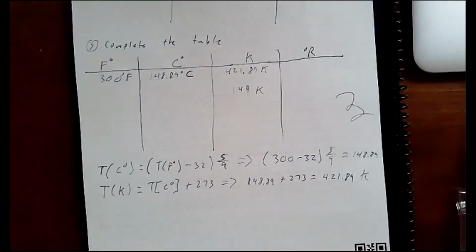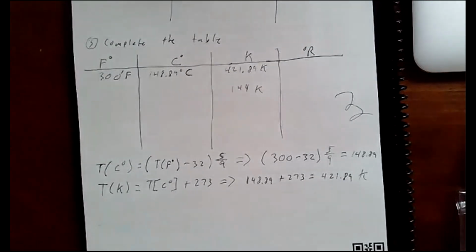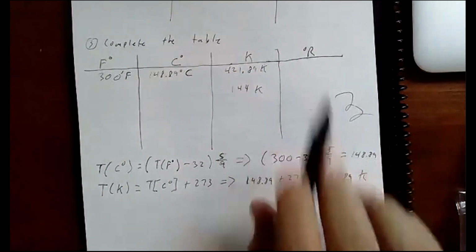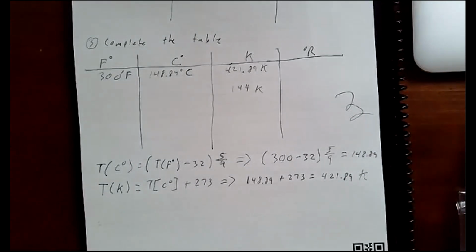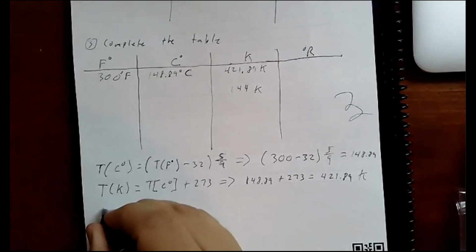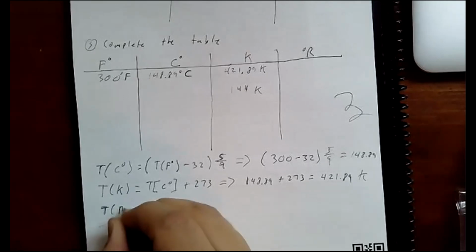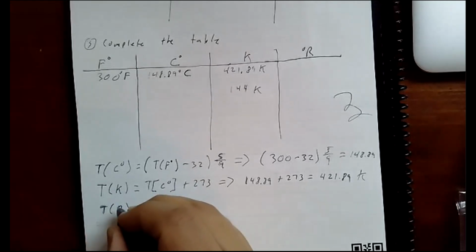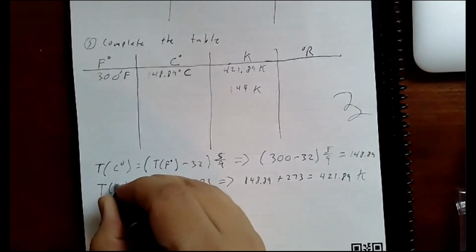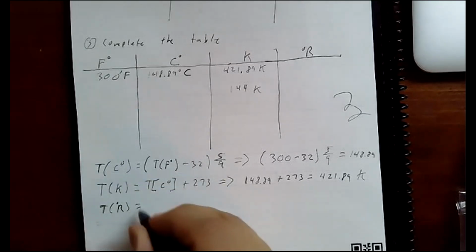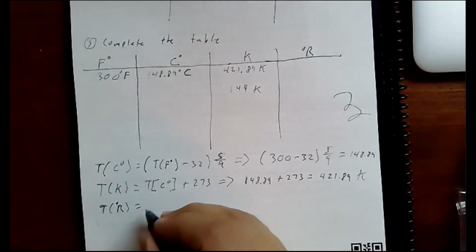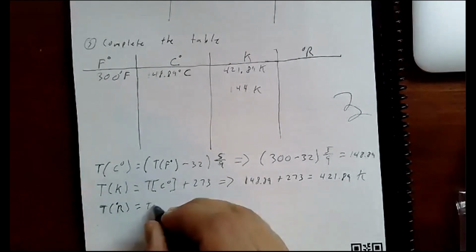You guys all right so far? Yeah, I'm good. Okay. All right, so the final one is Rankine, right? The formula we need for that is simply this one. To get to Rankine temperature, you simply add 460 to the Fahrenheit.